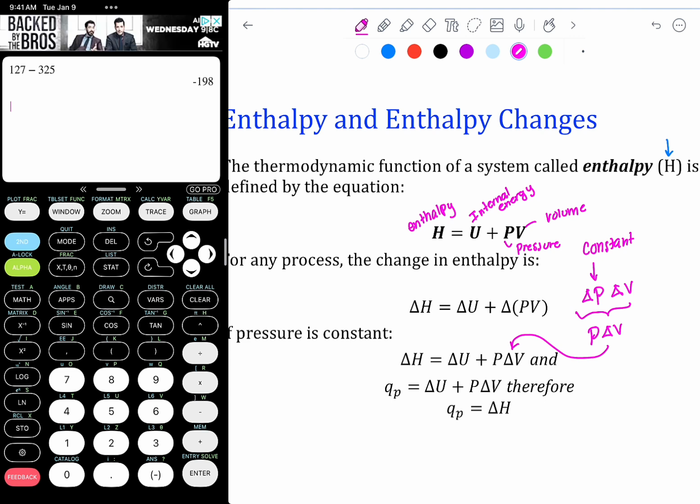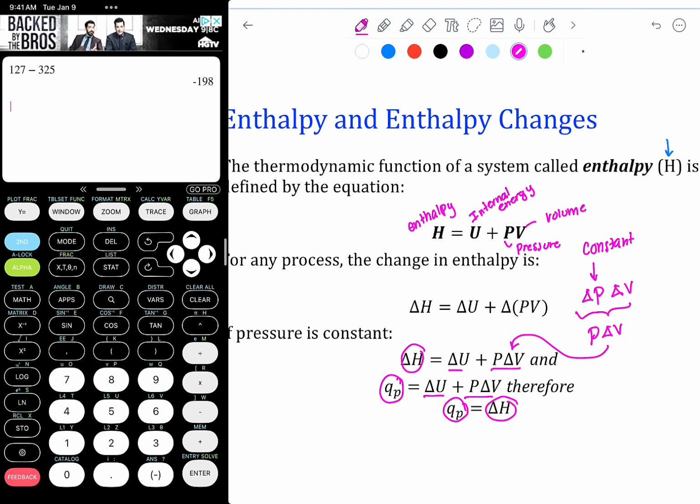work, P delta V. We know that Q at constant pressure is equal to delta U plus P delta V. And we now know that delta H, the change in enthalpy, is also equal to delta U plus P delta V. Therefore, Q, the heat at constant pressure, is equal to the change in enthalpy.